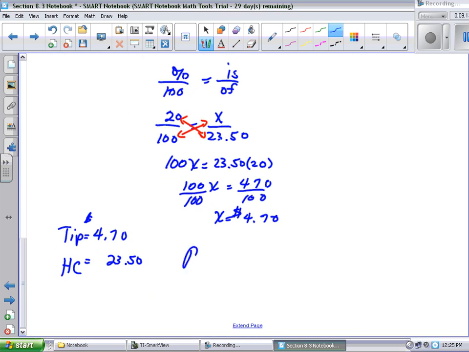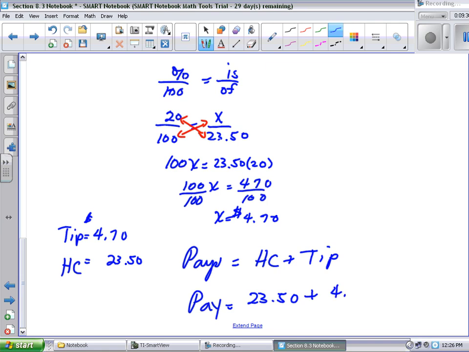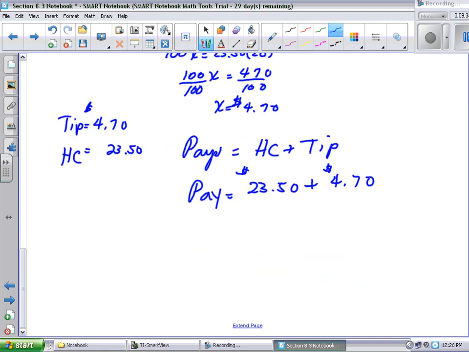She pays the cost of the dinner plus the tip. She's going to pay $23.50 plus 4.70. She is actually going to pay $28.20.